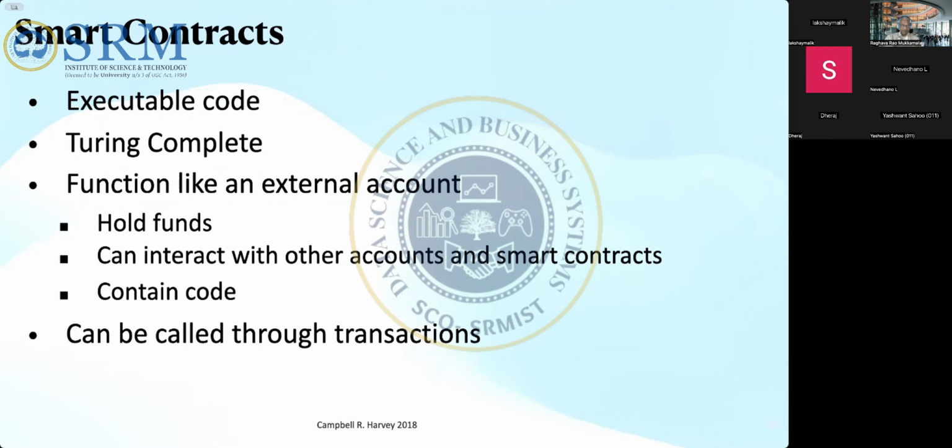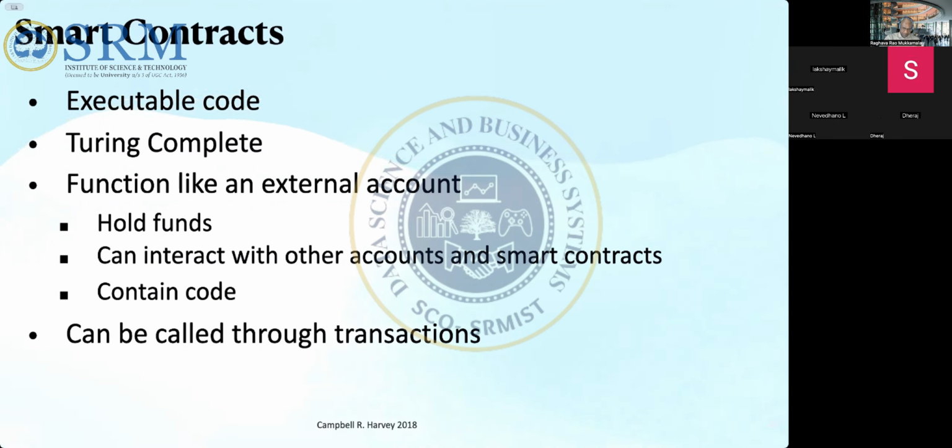So a bit about smart contracts. So the executable code, and unlike the Bitcoin, when we were discussing the scripting in the Bitcoin, right? So Bitcoin has the Bitcoin scripting language, and we discussed that it's not a Turing complete language, because it doesn't offer loops and other kinds of things.